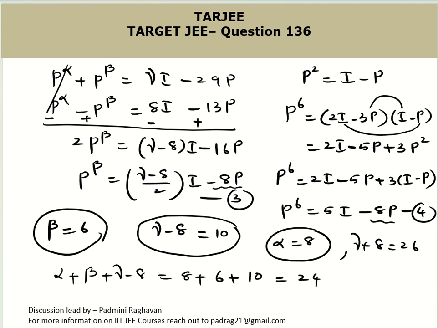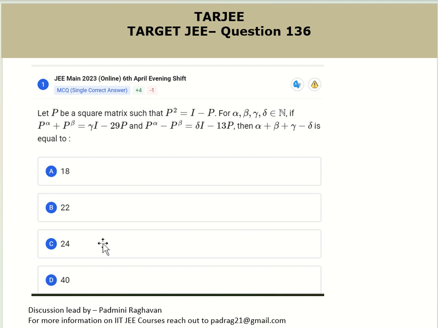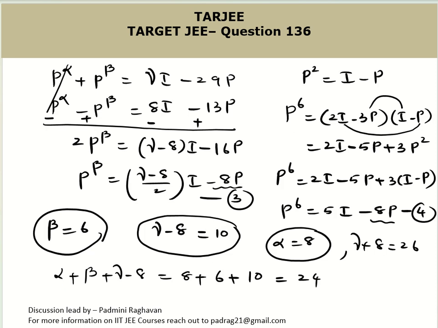So the value of alpha plus beta plus gamma minus delta is 24, which is option C. A simple question using matrices where we need to understand only one concept, that the identity matrix is commutative. It commutes with P, so IP and PI are the same, and I square is always equal to I, using which we get alpha plus beta plus gamma minus delta equal to 24, which is option C.